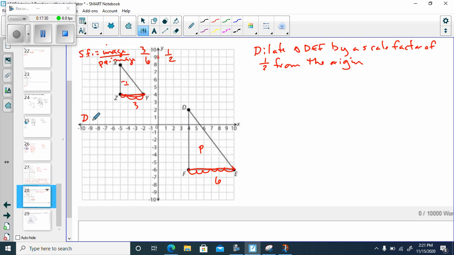Point D is at 4, 2. If I dilate that by 1/2, that's going to put D prime at 1/2 of 4 is 2. 1/2 of 2 is 1. It's going to put it at 2, 1. Here's your D prime, okay? F is at 4, -6. Let's dilate that by 1/2. So F prime is at 2, -3.